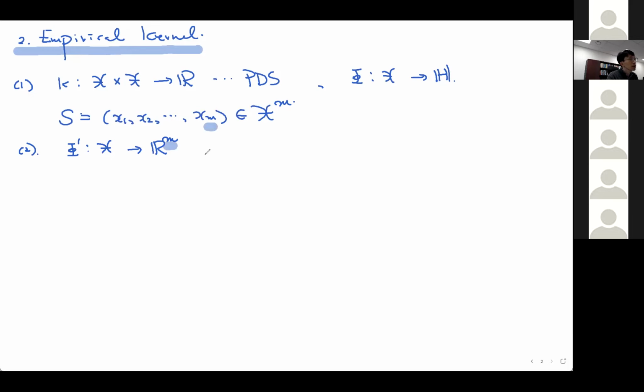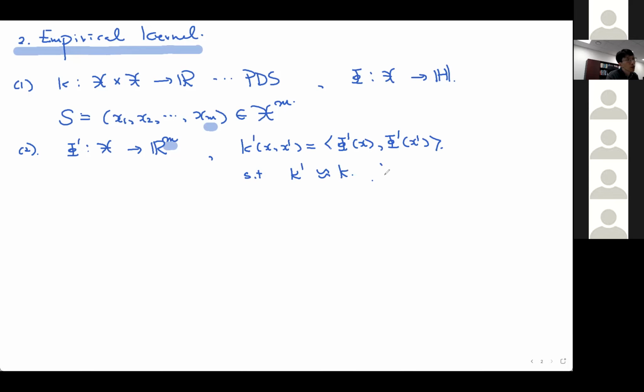such that if we define k prime of x, x prime as the inner product of phi prime of x and phi prime of x prime, then we want k prime to be approximately the same as k.